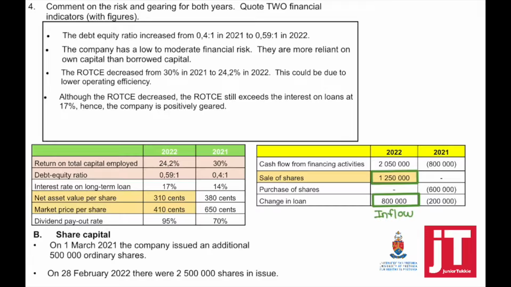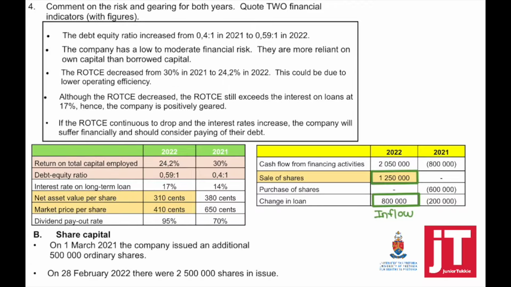This is why the company is positively geared. Something that the company needs to be aware of: if the return on total capital employed continuously drops and the interest rates increase, the company will suffer financially and should consider paying off the loan.